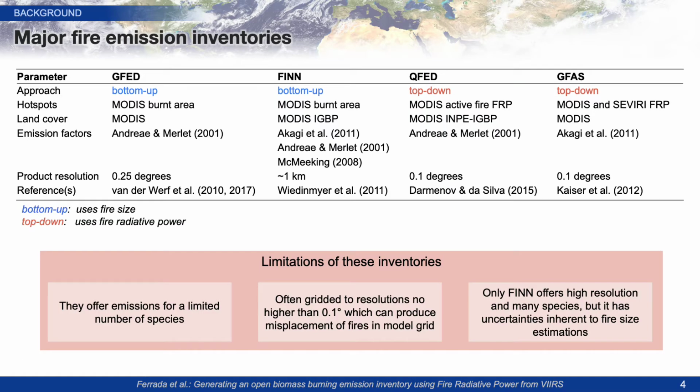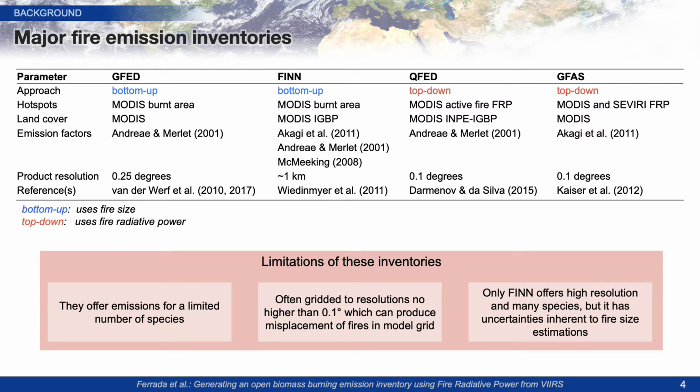So how do we quantify the emissions that fires produce? There are several biomass burning emission inventories that rely on hotspot detections from satellites. Here I am showing 4 major inventories and some of their characteristics. For example, GFED and FIN use the bottom-up approach, which uses estimation of burn area to calculate emissions.